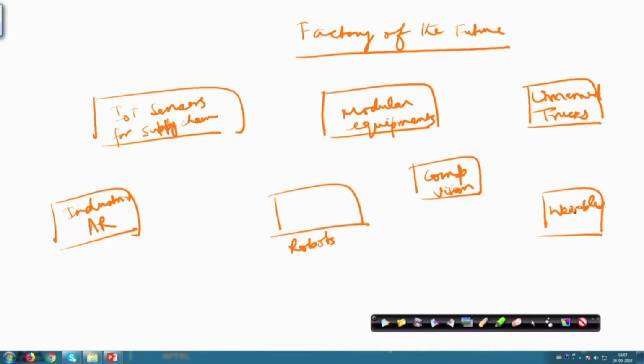We are talking about ERP, then supply chain management, probably cloud enabled, and also maybe blockchain implemented.